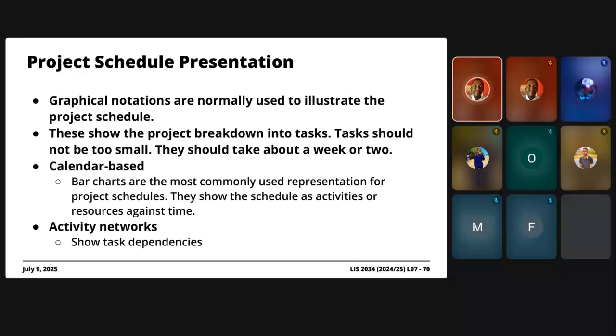They should take at least a week or 2, is what they're saying. Now, these are not really set in stone, right? But these are guidelines that will ultimately help you come up with, I guess, a project management artifact or graphical notation that makes logical sense.